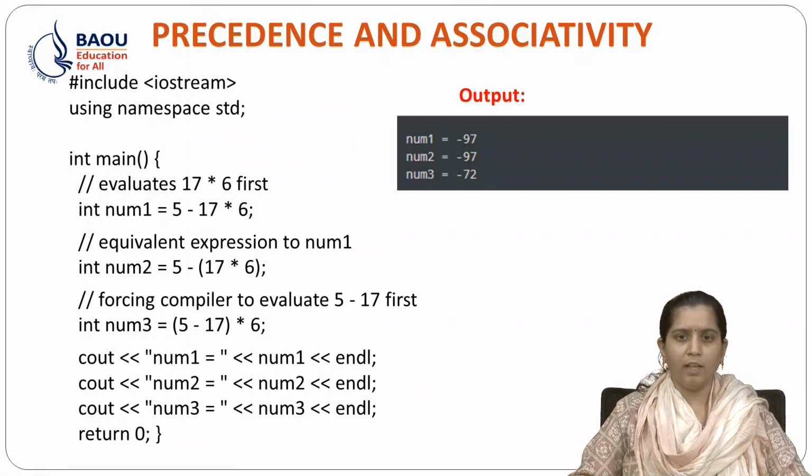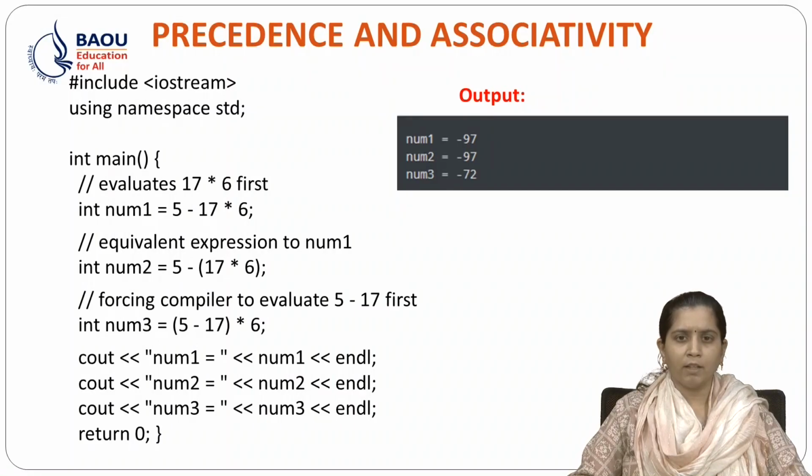So, over here in num3, the value of 5 minus 17 is evaluated first, and after that the output of 5 minus 17 will be multiplied by 6.